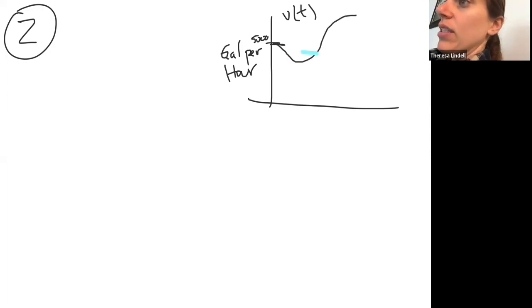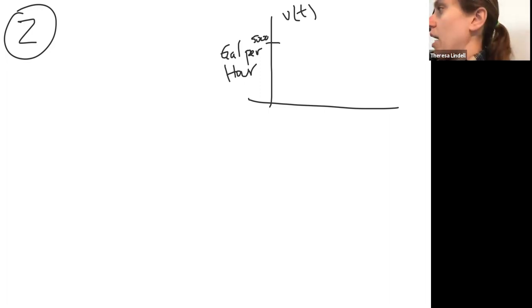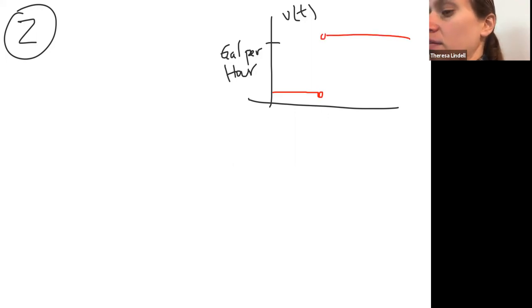But right now, there might be a question or two that involves the graph, but the graph is just showing two separate functions. This function is the water leaving, and this function is the water coming in.